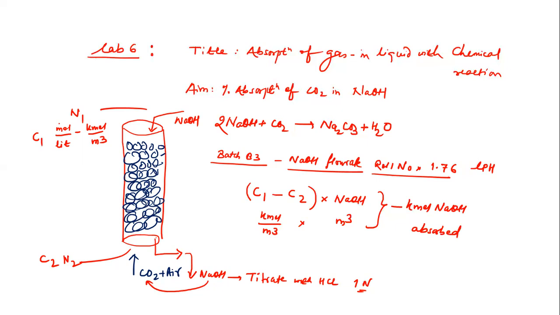So now we have to find out how much CO2 is absorbed. So we have a mixture of CO2 plus air coming in. So we can take flow rate of CO2. So batch 1 and 2 I have given, batch B3.